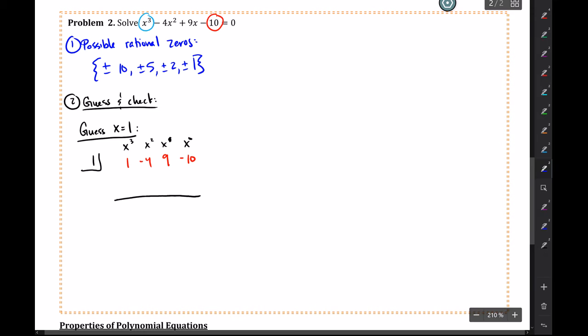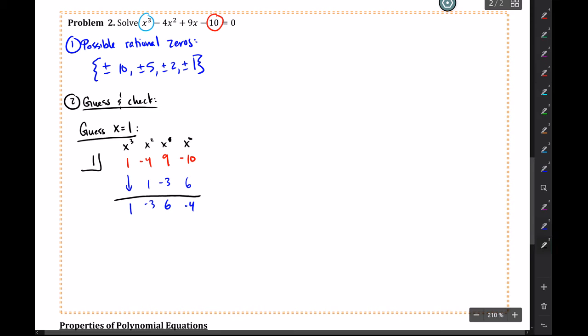Okay, and now I do the synthetic division, and I get 1. 1 times 1 is 1. Negative 3, 6, 6, negative 4.